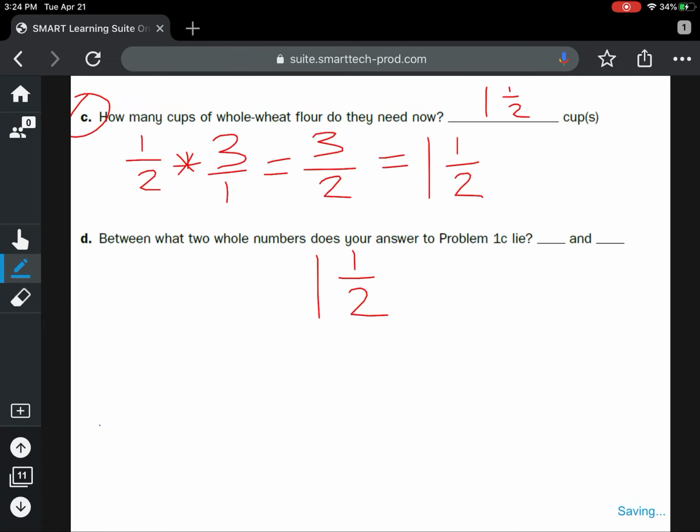If I'm going to round 1 1/2 down to the nearest whole number, I would round it down to 1. But if I was going to bump it up to the nearest whole number, that would be 2. And that makes sense because 1.5 is more than 1, but less than 2. So the two whole numbers where our answer lies is between 1 and 2.